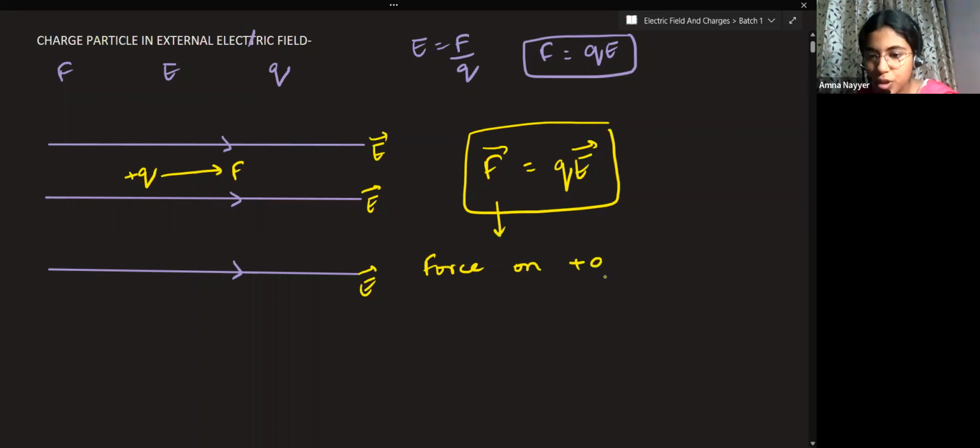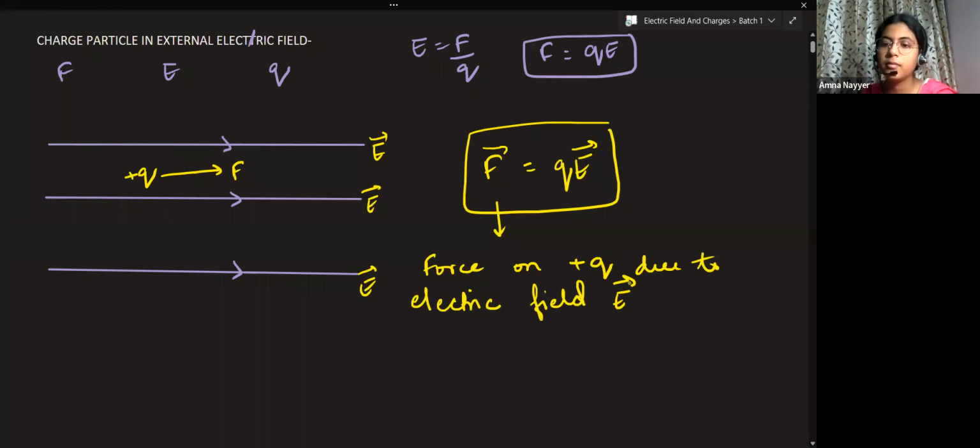This is the force on plus Q charge due to electric field E. I have taken a positive charge.